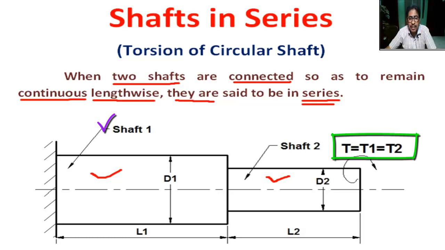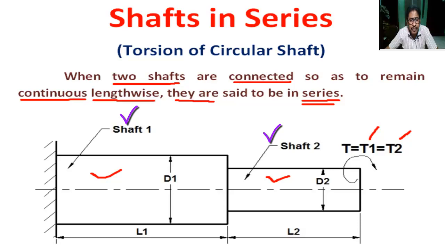T1 is the torque transmitted by shaft 1, T2 is the torque transmitted by shaft 2. But the angle of twist is different for shaft 1 and shaft 2.